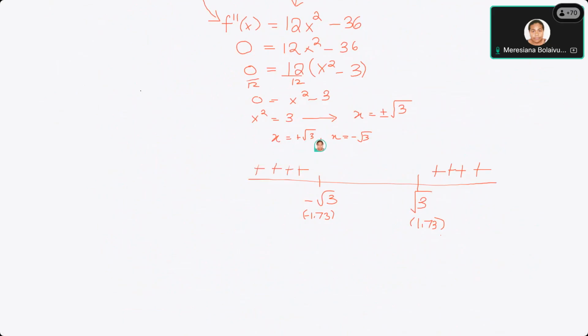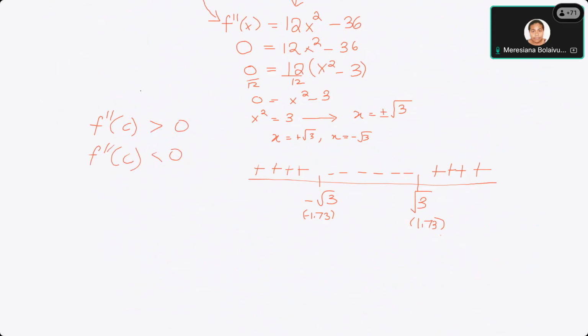So if we choose 0, this becomes minus. So the idea is if f double dash of c is greater than 0, it's concave up. If f double dash of c is less than 0, it's concave downwards.